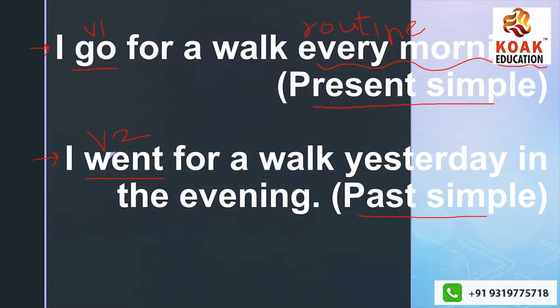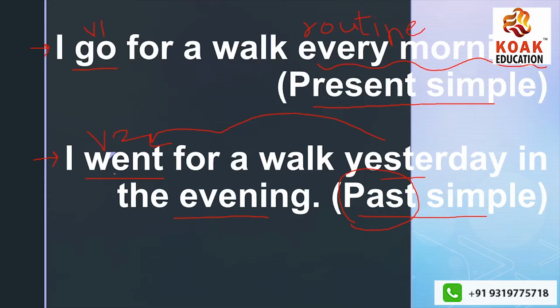But yesterday in the evening is telling me about the past. So I am using the second form of the verb, that is went. When I use went, immediately it is telling me about a past simple action. I can place the time clause ahead also: yesterday in the evening, I went for a walk.